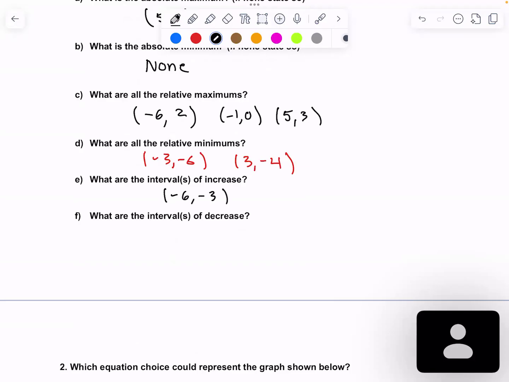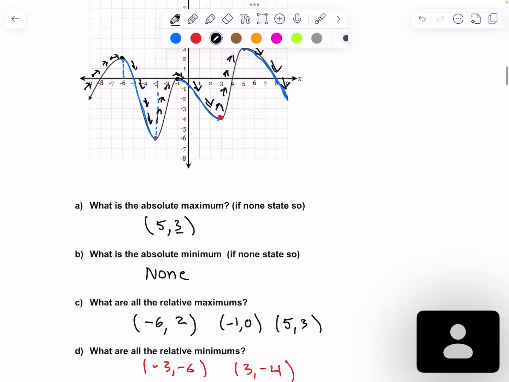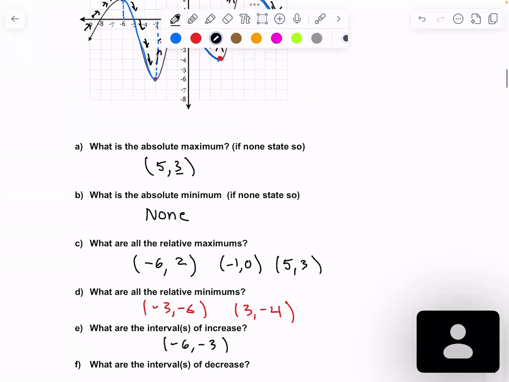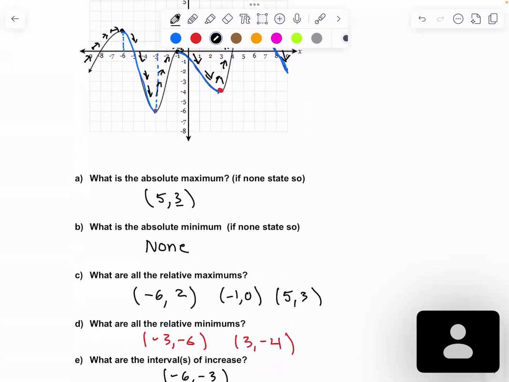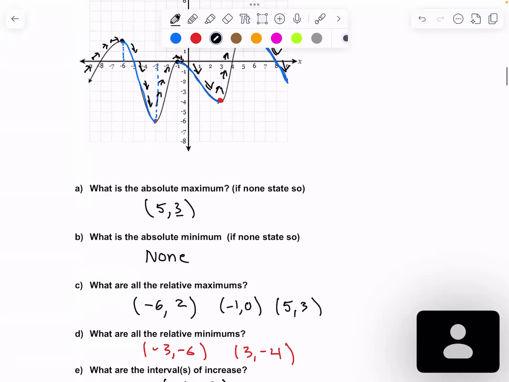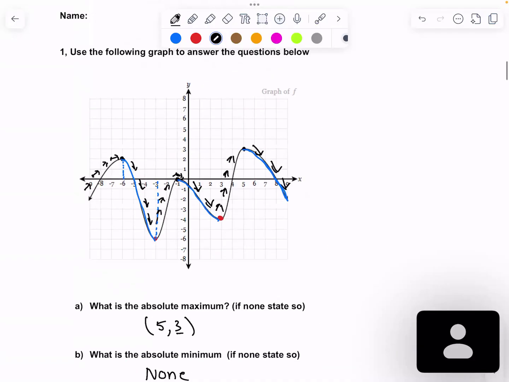Remember, we use parentheses for -6 and -3 because it's changing from increasing to decreasing, which means at that point, it's actually neither increasing nor decreasing. Then it stops decreasing after that. If we look at the blue part, there's this portion right here where it's not decreasing.